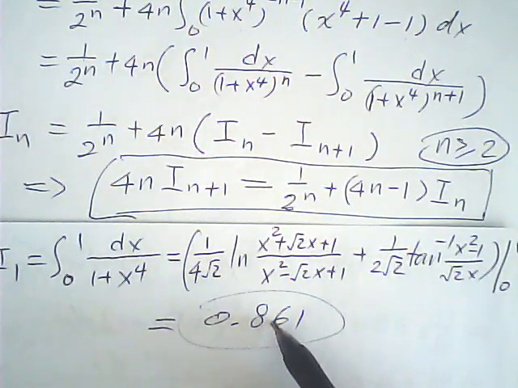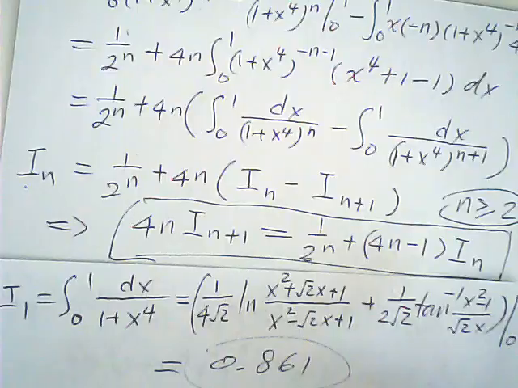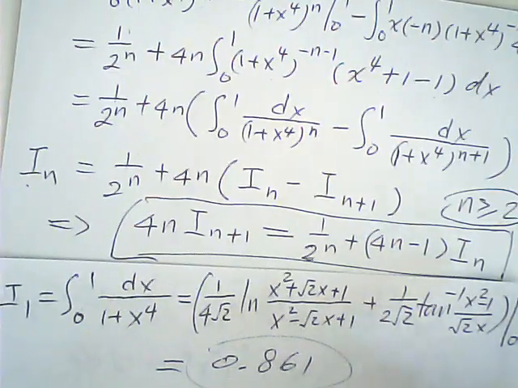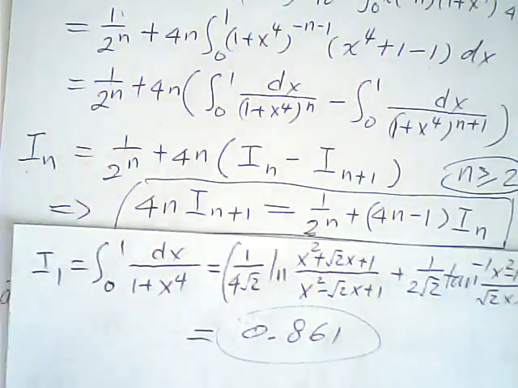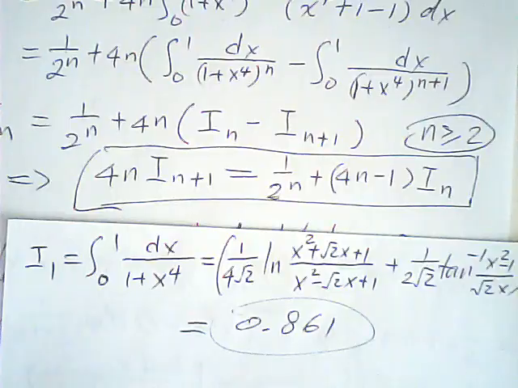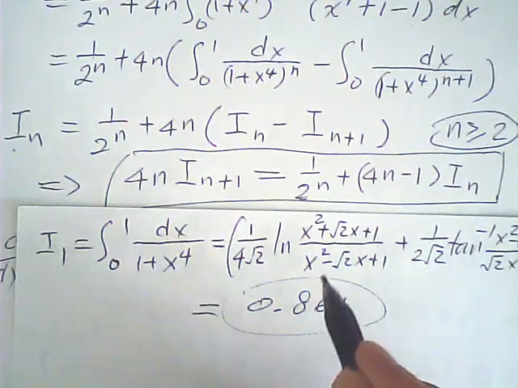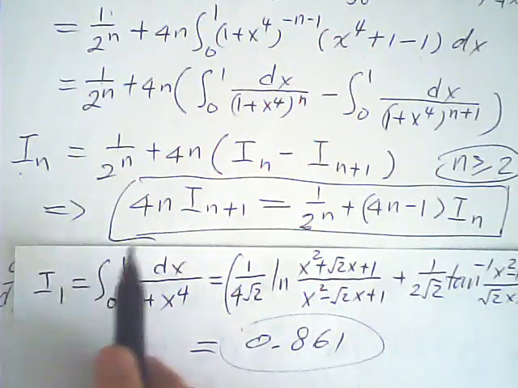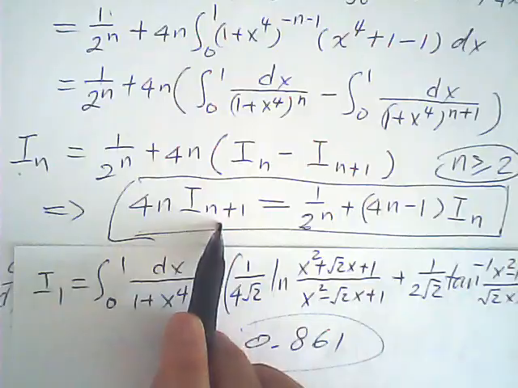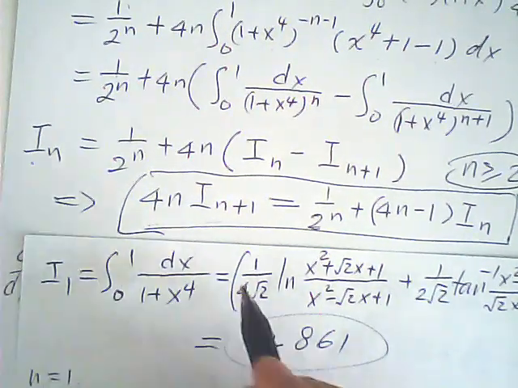Then we can find other values from the reduction formula. Okay, I want to show the examples for I2 and I3. Okay, for I2. Now, this one, I2, when n equal to 1.